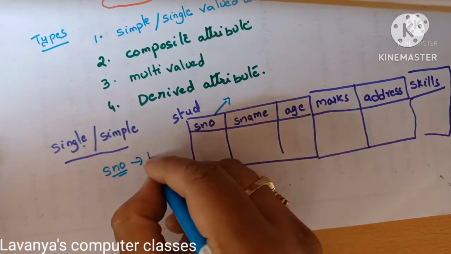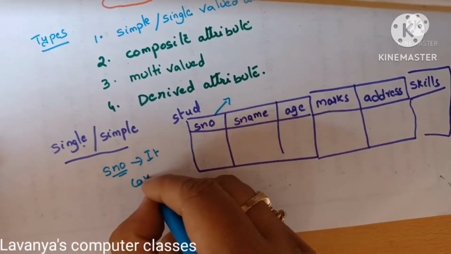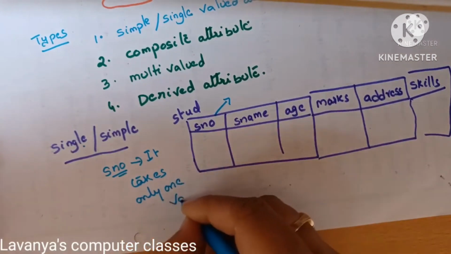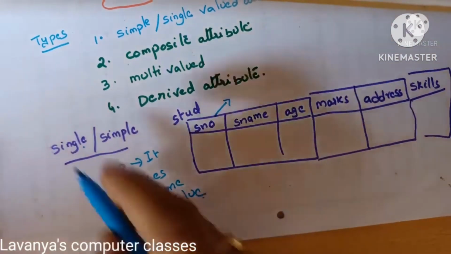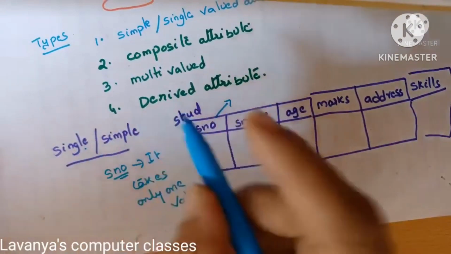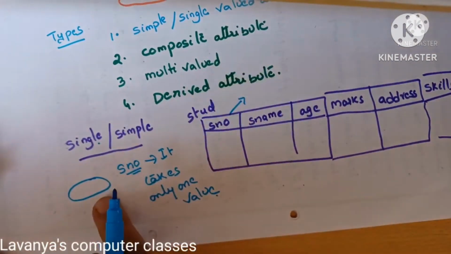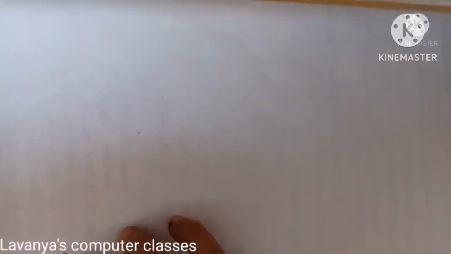Serial number is a simple or single valued attribute because it cannot be broken into subparts and it takes only one value at a time. Which symbol is used for representing a single value? Like a normal attribute, that is an ellipse only.